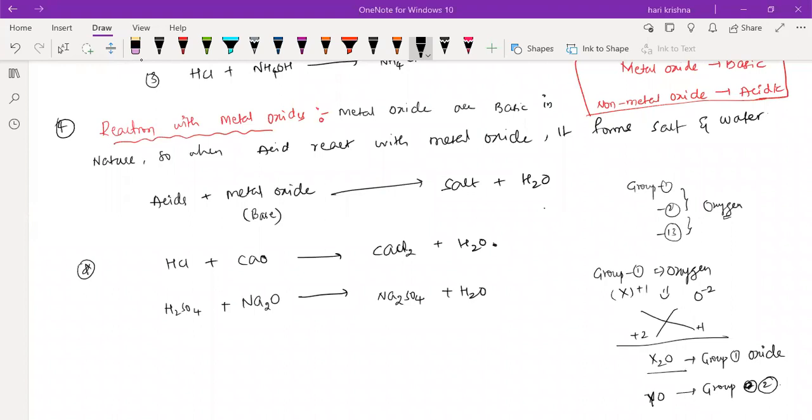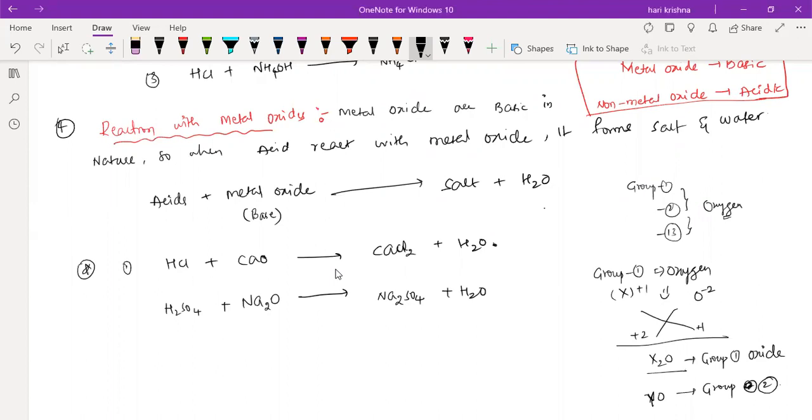Yeah, Kavya, you joined late, right? Then tell me one example, that is a punishment for you. Give me one example for the metal oxide reaction with acids. Lithium oxide with nitric acid. You have to tell the complete formula.